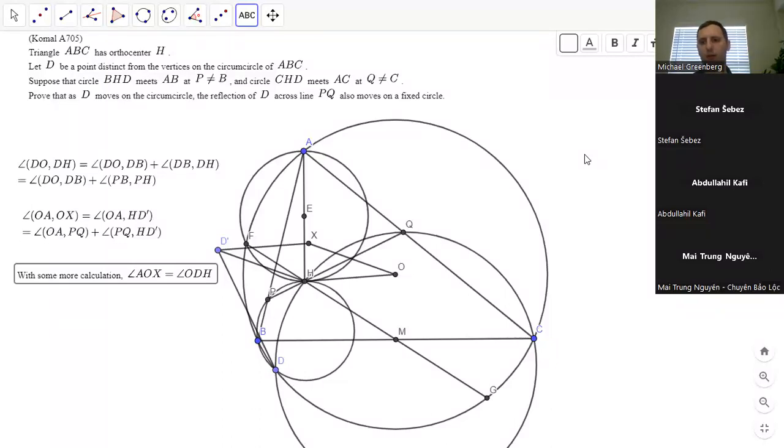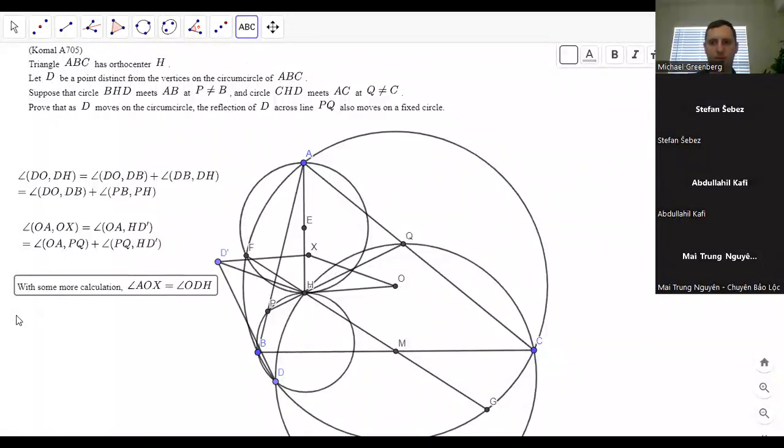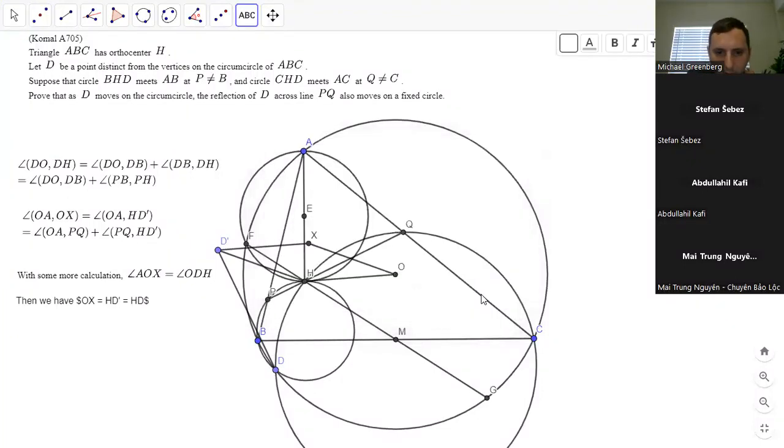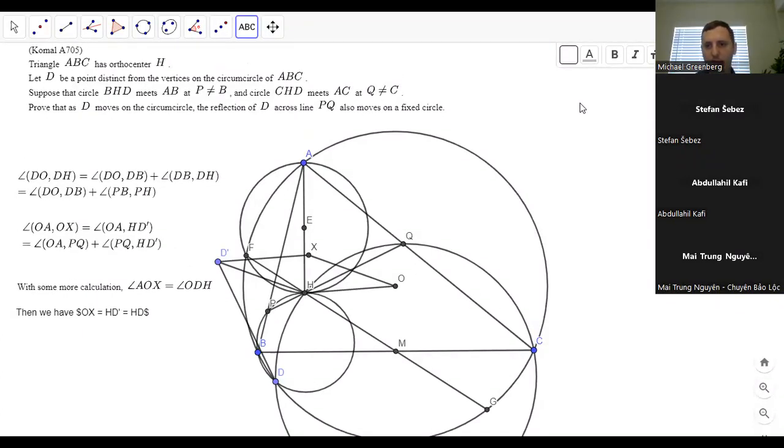Then we have OX equals HD prime equals HD. All right. OA equals OD.